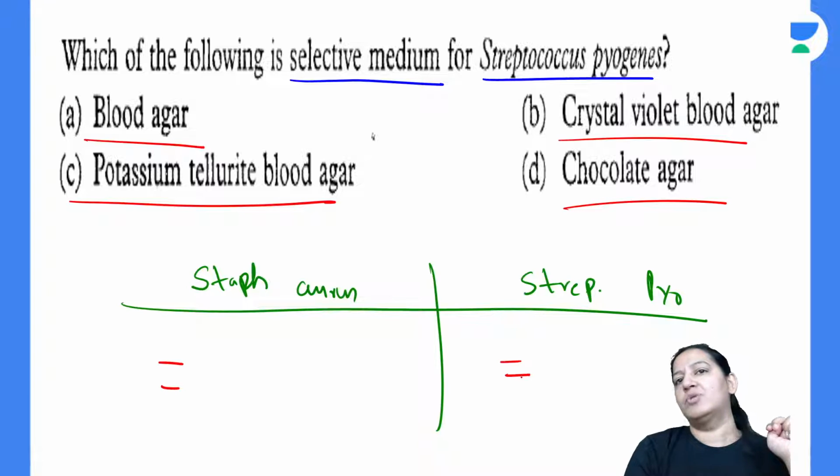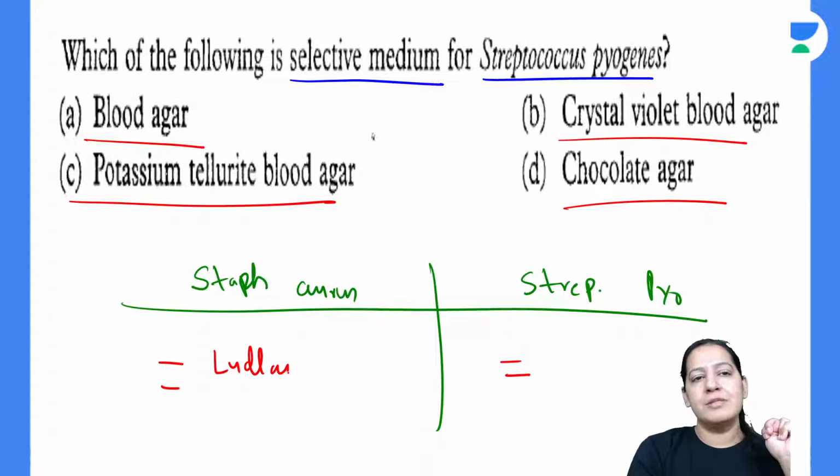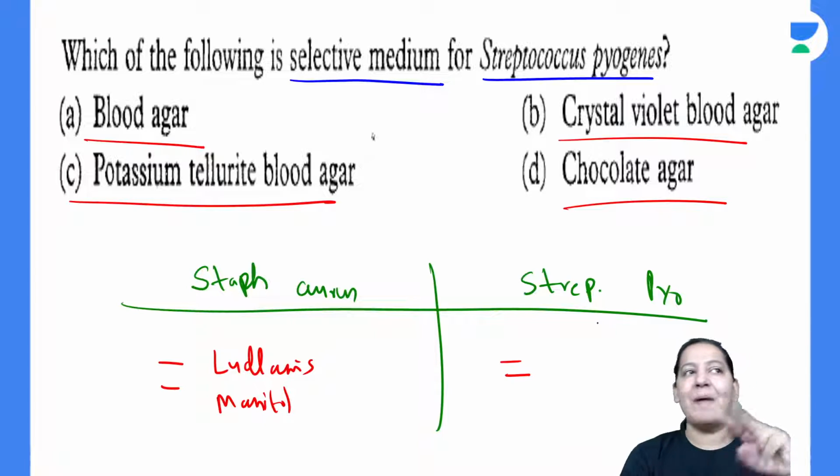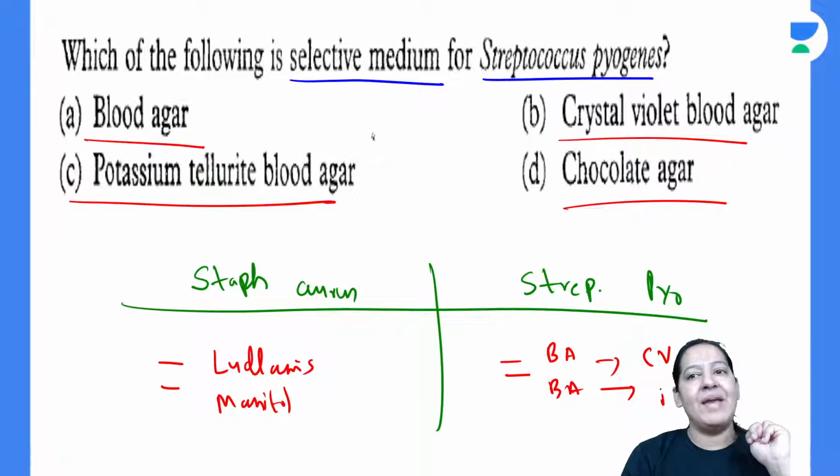For Staph aureus, it is Ludlam's media and mannitol salt agar. In Streptococcus pyogenes also today I taught you 2 media: blood agar containing crystal violet and blood agar containing PNF, that is polymyxin B, neomycin and fusidic acid.